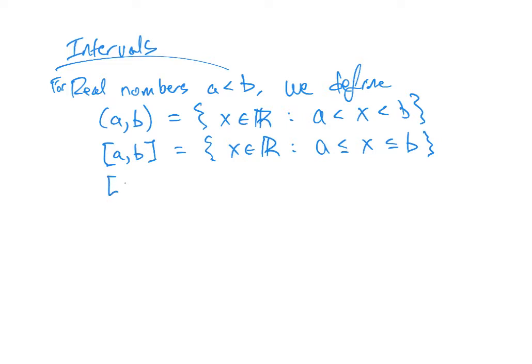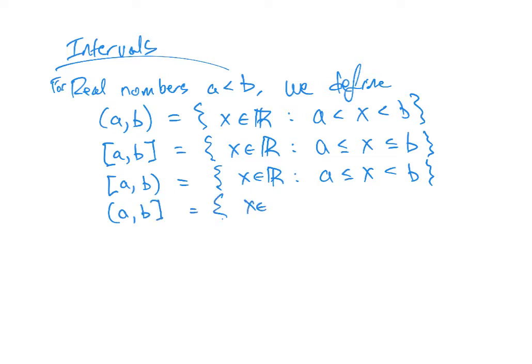So, get that guy and that guy. Those are our four bounded intervals that we're used to.